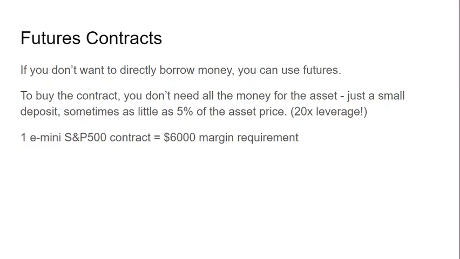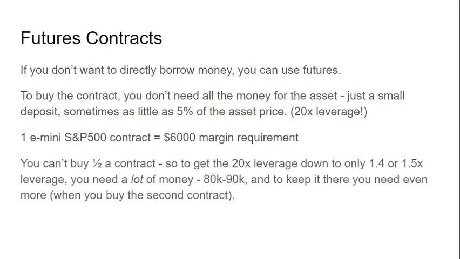So that would be like buying a $120,000 position in the S&P 500. Okay, that's a lot. Okay, that's obviously a big amount, and you can't buy half a contract. They have introduced micro contracts quite recently, much smaller contracts with less of a margin requirement.